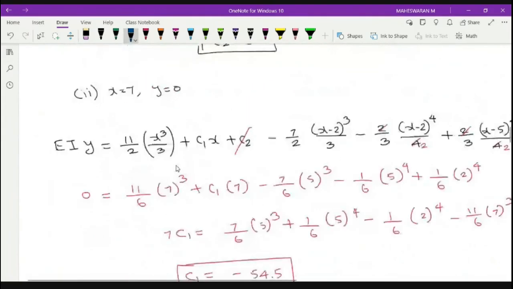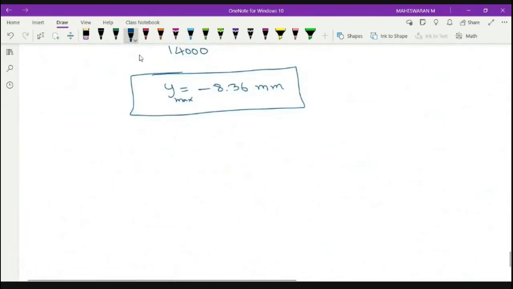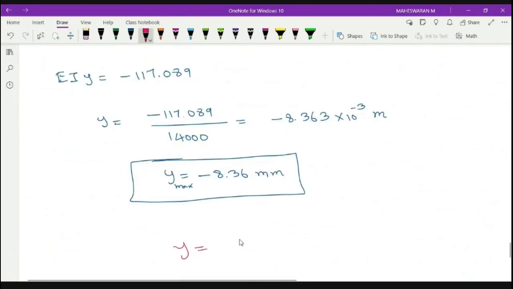So you know that this y is related with what? How did this y come? So a value, this value divided by EI. This is what we are getting.